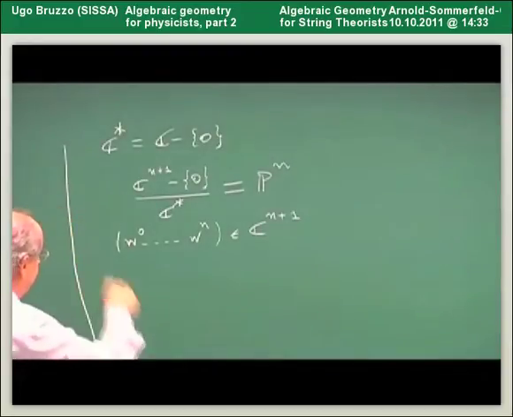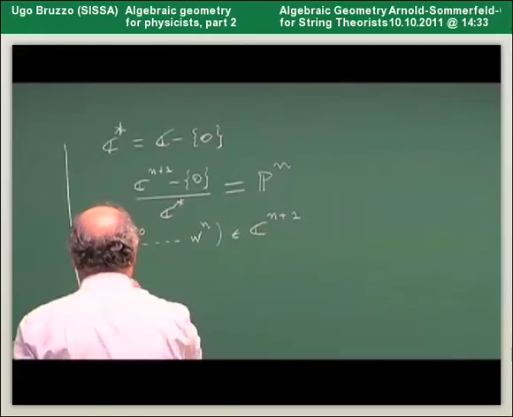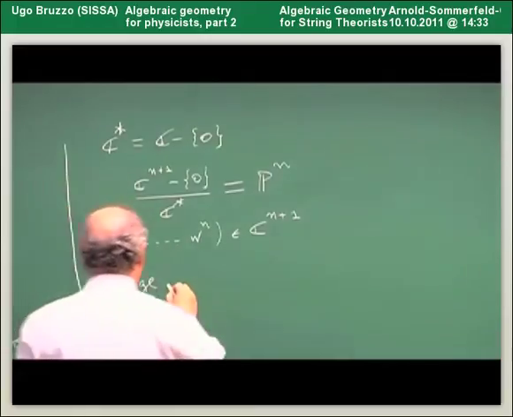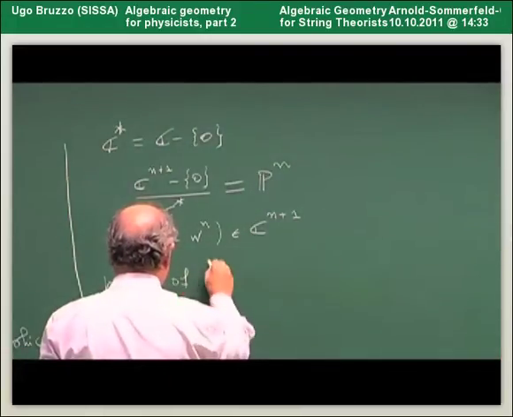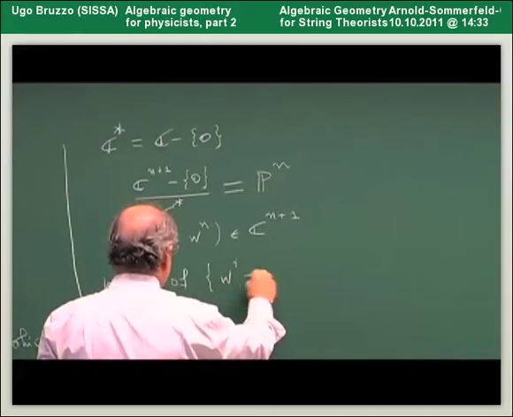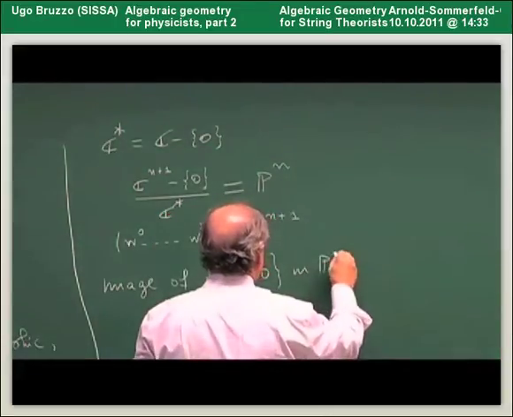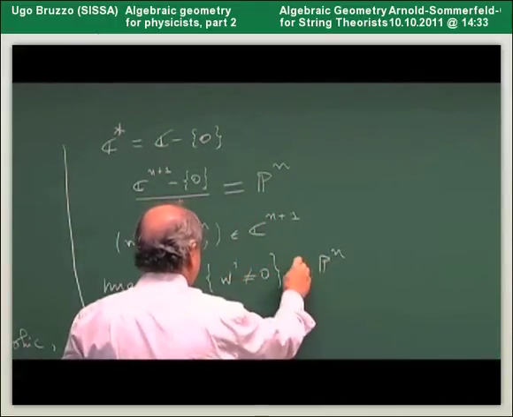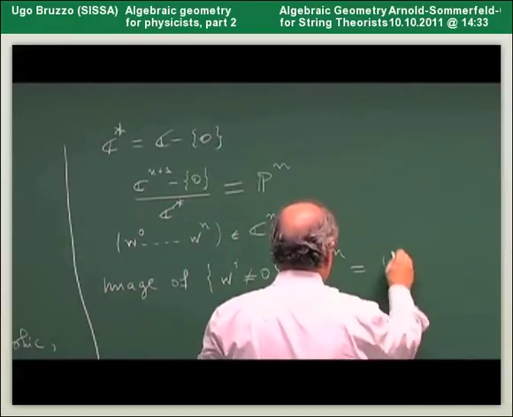But we can do the following. We take a hyperplane, we take the complement, so we consider the subset where some fixed homogeneous coordinate w_i is different from 0, and we take its image in P^n, and we call it U_i, and then we get an open cover of P^n.